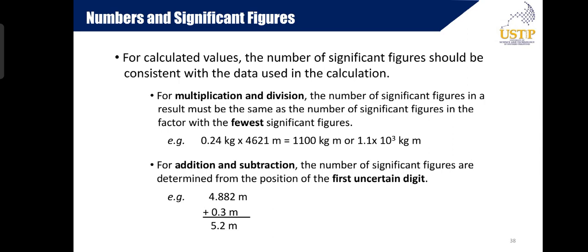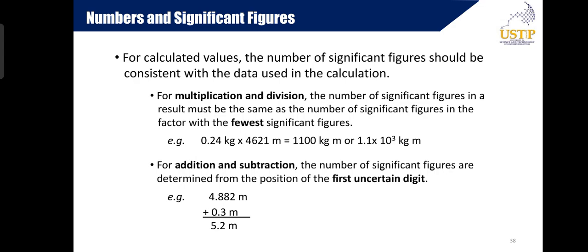So it says here for multiplication and division, the significant figures to be followed is those with the fewest significant figures. So, i-compare nimo sa 0.24 kilogram and 4,621 meter, na 4 kabook significant figures. It says here, fewest significant figures, so atong i-follow si 2 significant figures lang. So, when you multiply 0.24 kilograms and 4,621 meters, it will result in 1,100 kilogram-meters, no?